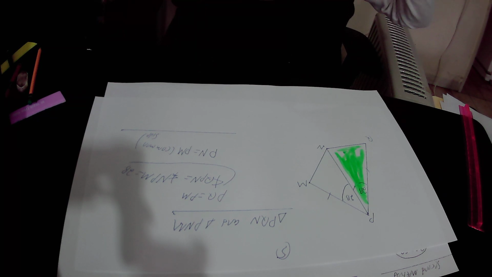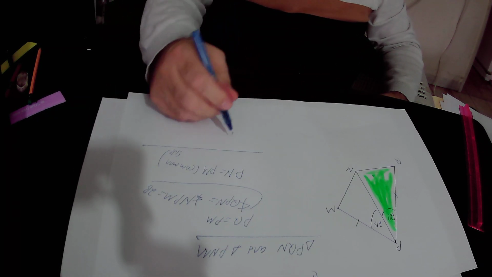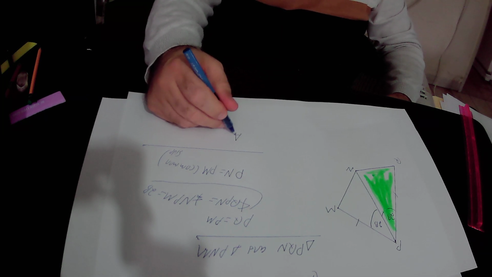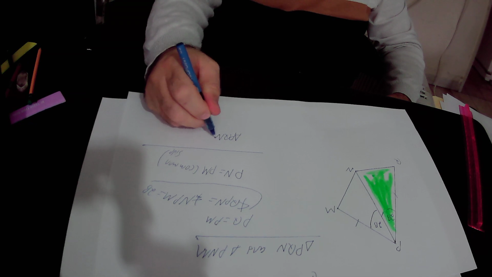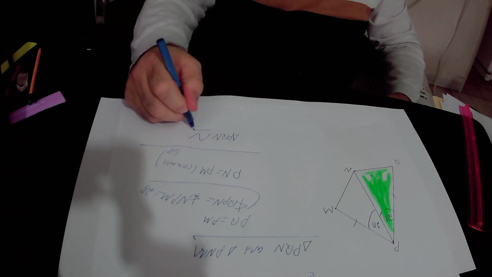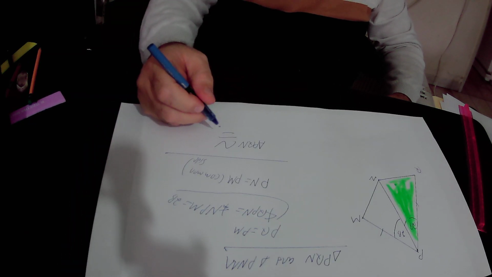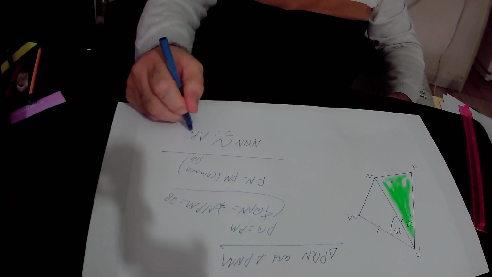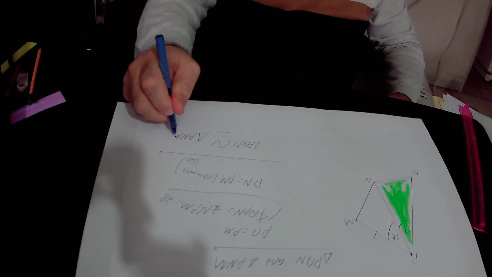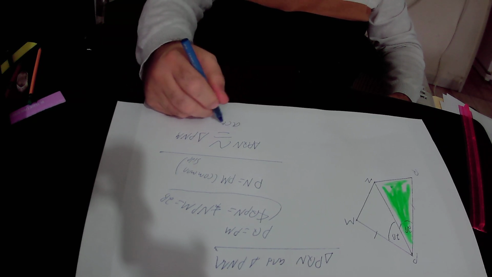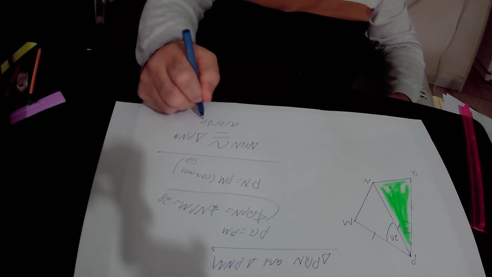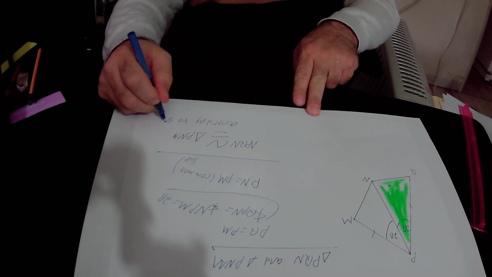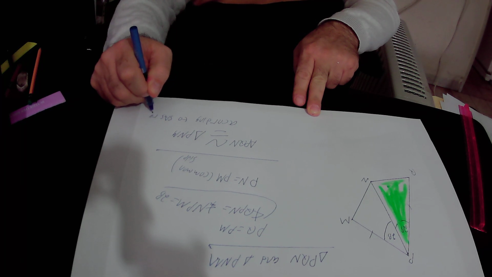So the green triangle PQN, congruent, this is the sign of congruence, to the white triangle PNM, according to the side angle side rule.